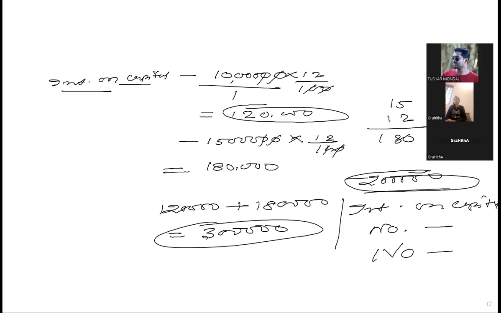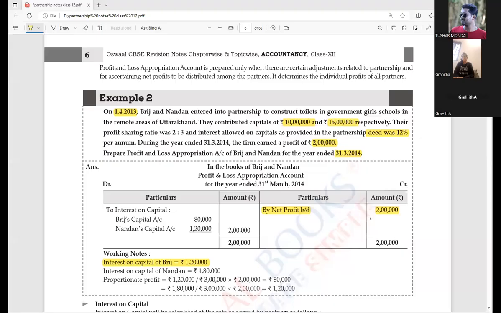That is what we are going to do here. Interest on capital for Nandan is 1 lakh 80,000, and interest on capital for Bridge is 1 lakh 20,000.